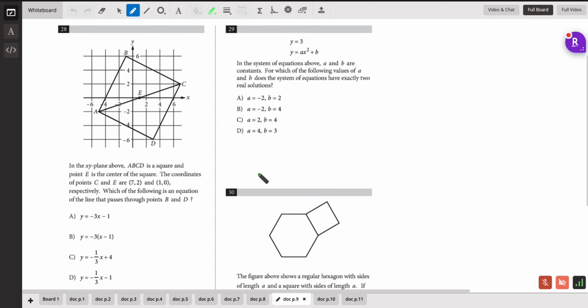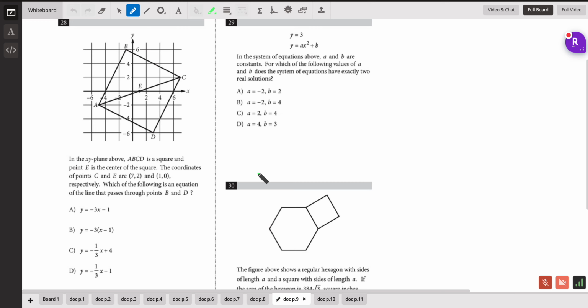Okay, number 28. In the xy plane above, ABCD is a square and point E is the center of the square. The coordinates of points C and E are (7, 2) and (1, 0), respectively. Which of the following is an equation of the line that passes through points B and D? Well, let's go ahead and make a line on our graph here.